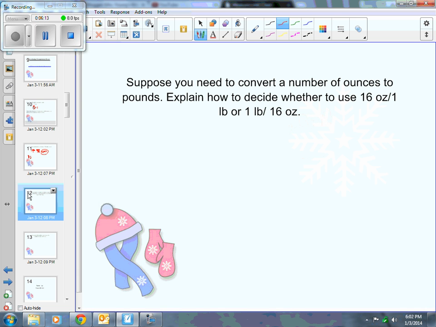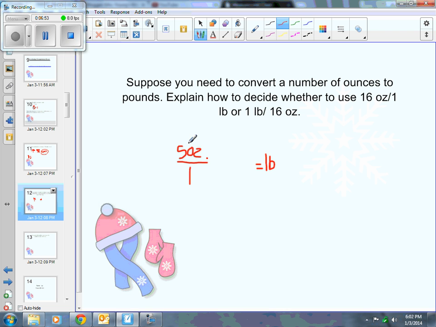Suppose you need to convert a number of ounces to pounds. Explain how you would decide whether to use 16 ounces over 1 pound or 1 pound over 16 ounces. It all depends on how we're doing this. If we need to convert a certain number of ounces, so let's say I have 5 ounces, and I want to convert that to pounds, which one am I going to want to use?